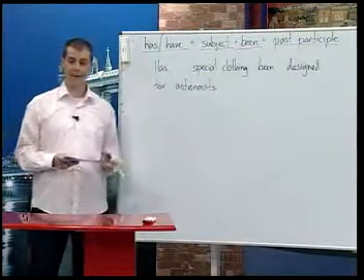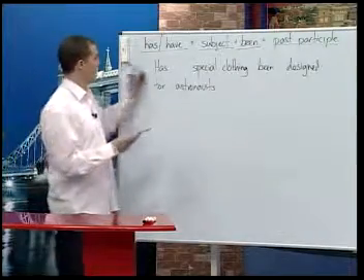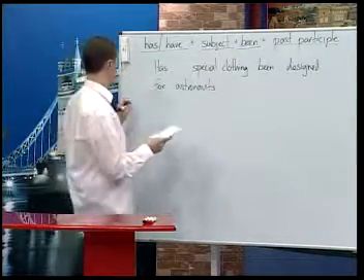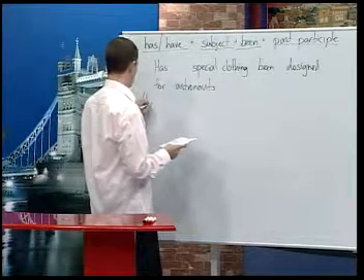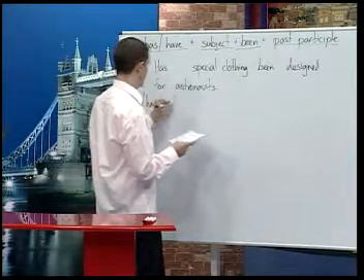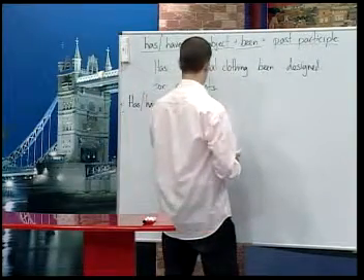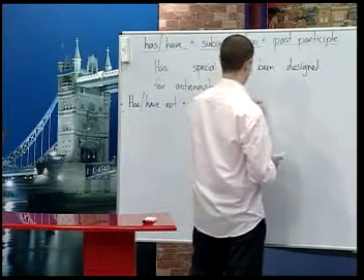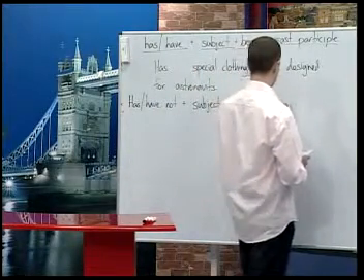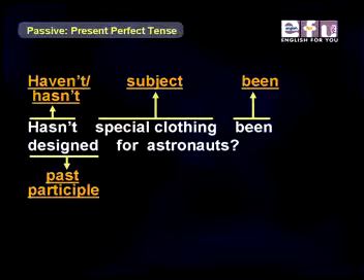And to form a negative yes-no question, we just use has or have not, plus subject, plus been, plus past participle.